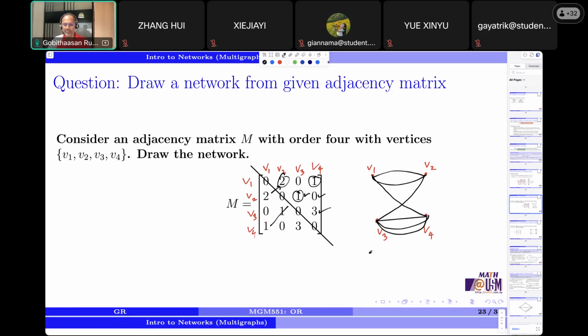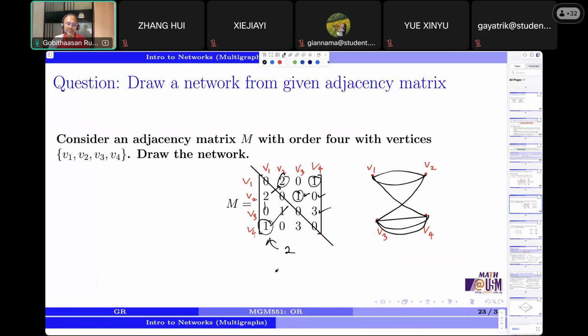Of course, you may draw it in a different way, right? If it is not symmetric, then of course you have to go below and start drawing. An example of not being symmetric would be, for example, let's say this is 2.